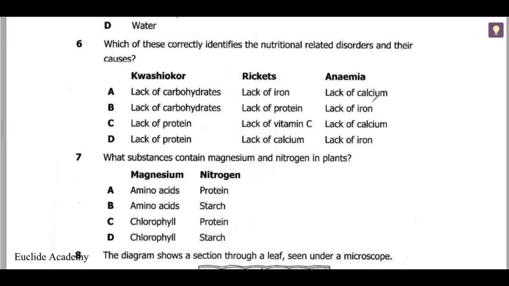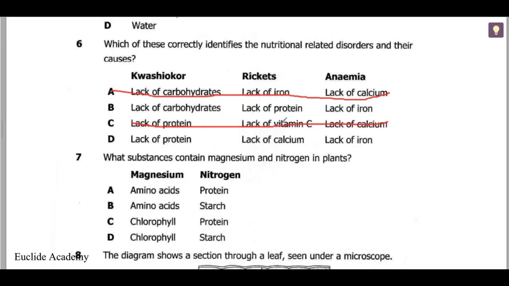I know anemia has to do with the blood, and the blood uses iron, the red blood cells, the hemoglobin. So wherever there is lack of calcium, I know it won't be correct. So I'll eliminate that, and they leave me with two options: lack of iron, lack of iron.